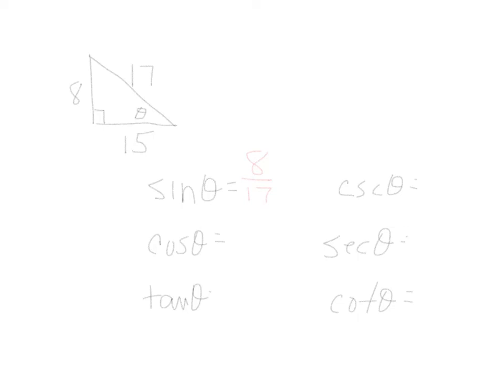Cosine is adjacent over hypotenuse. So the adjacent side to theta is 15. Hypotenuse is 17. So we would have that as 15 over 17. Tangent is opposite over adjacent, so go opposite theta, which is 8, over adjacent is 15.